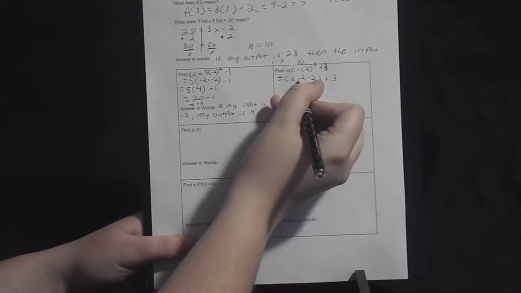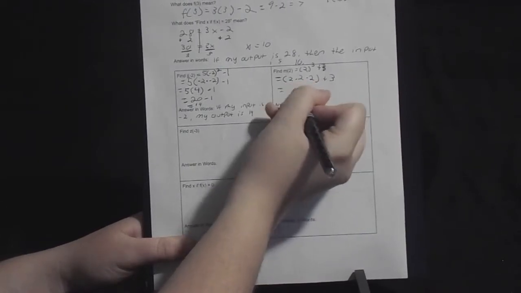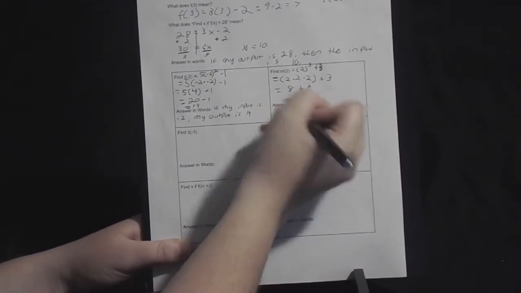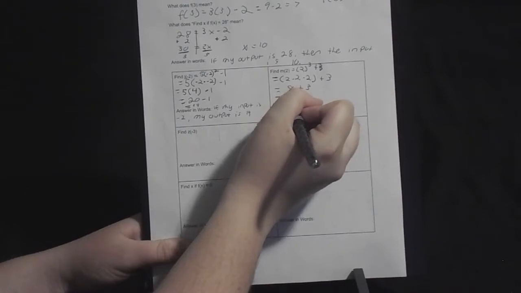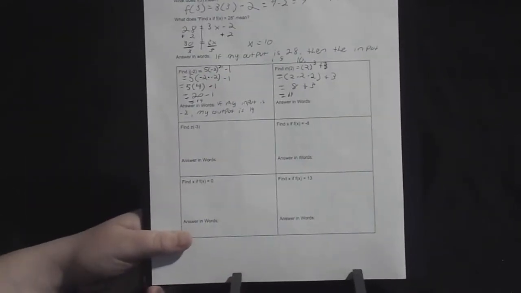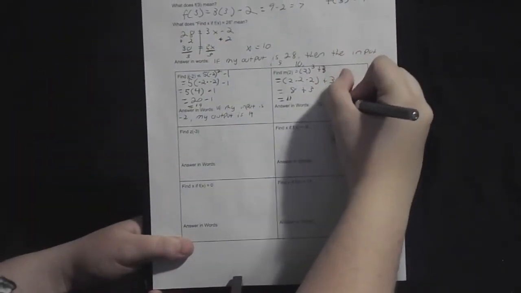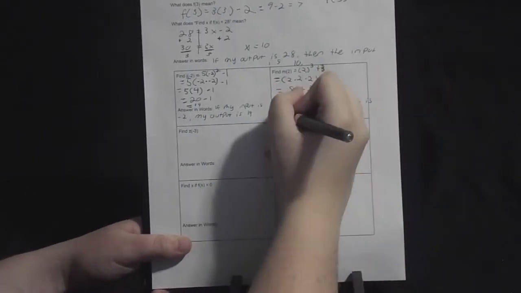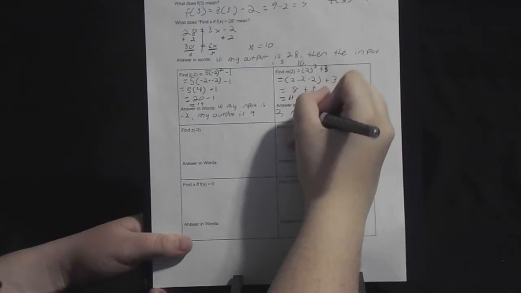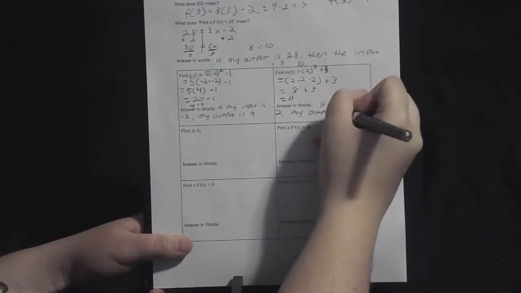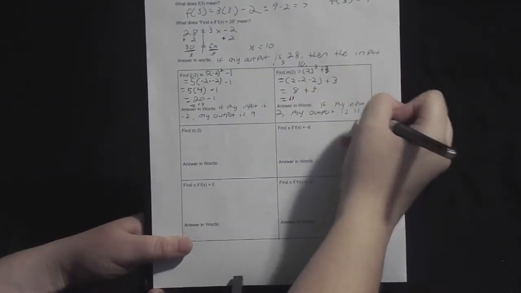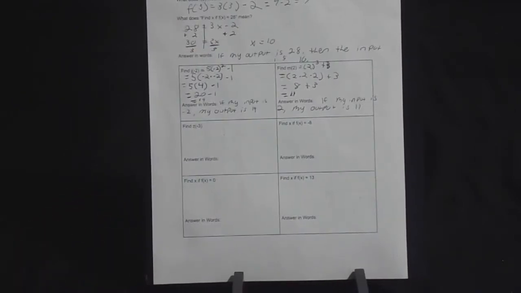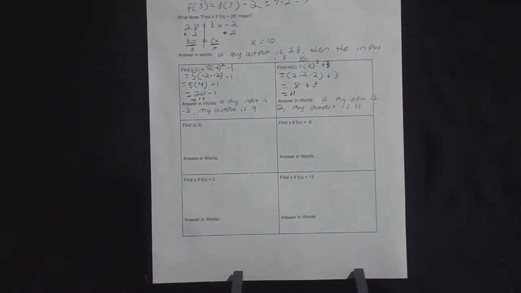So 2 times 2 is 4, times 2 again is 8. Plus 3 is 11. So for m, if my input is 2, because that's what I put into x, my output is 11, because that's the answer I got out. It also would have been my y if we were using y instead of f of x.